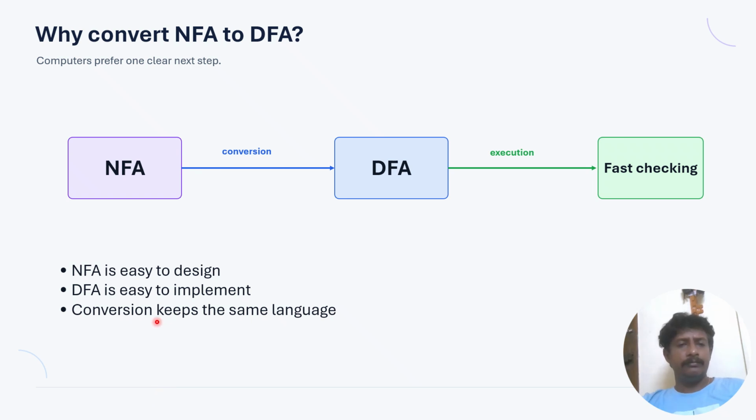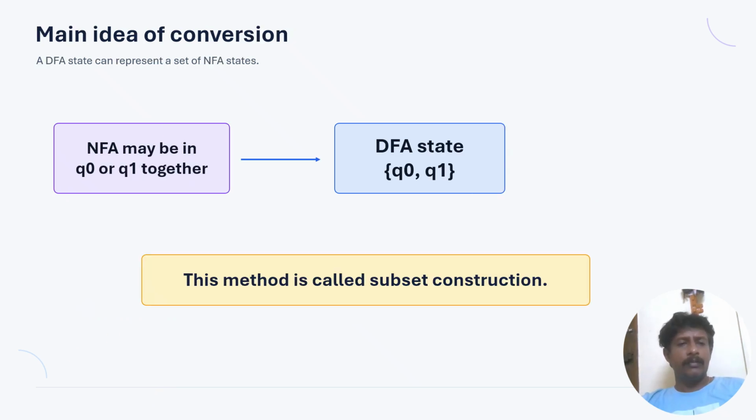The DFA must accept exactly the same strings that the NFA accepts. So the main idea of NFA to DFA conversion is this. In an NFA, at a given time, the machine may have more than one possible current state. For example, after reading some input, the NFA may be in Q0 and Q1 together, depending on the different paths. Now a DFA cannot stand in two separate states at the same time.